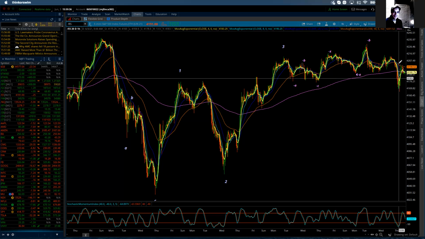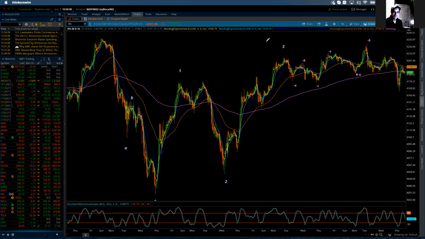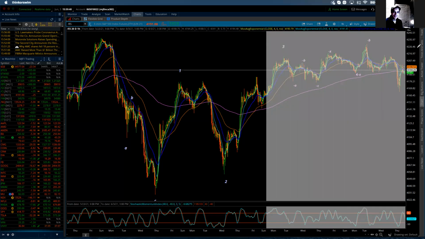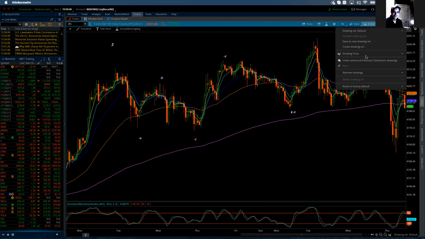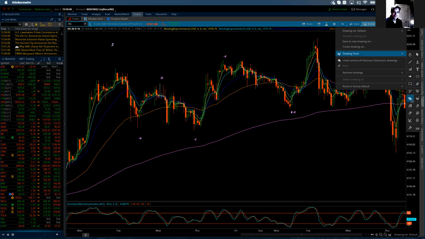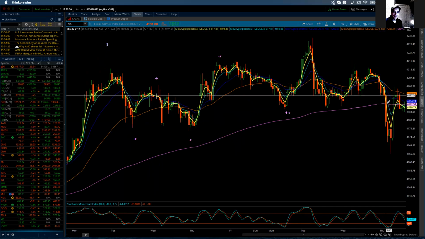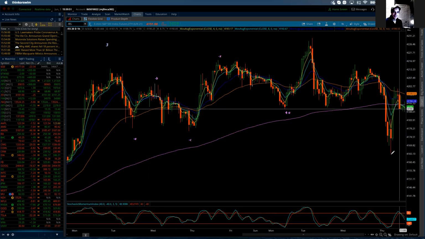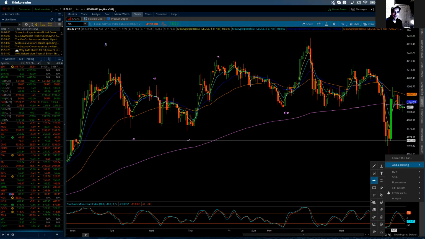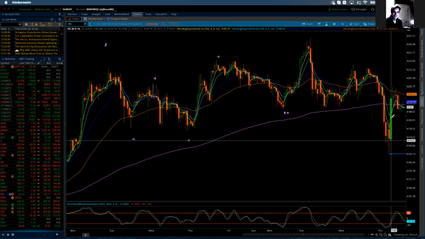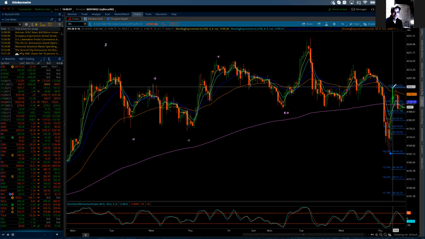So I can throw on some retracements rather than extensions. Let me go to my drawings and put those on, and we're going to go up to this high, 402.50.